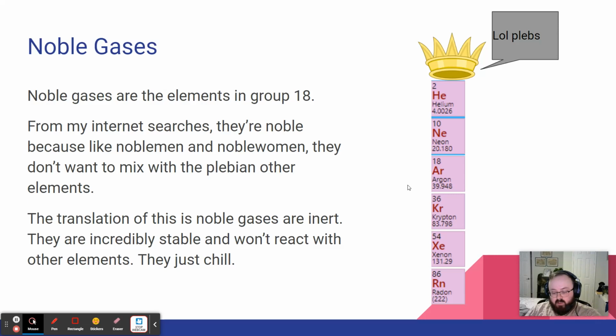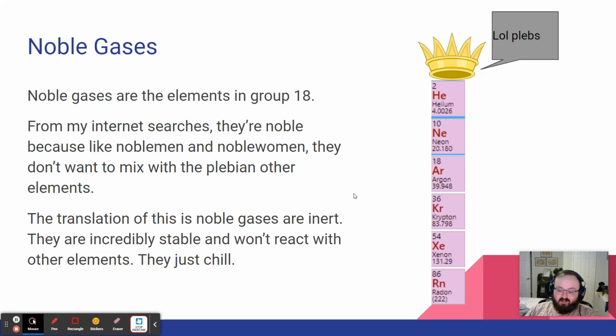I want to continue by discussing noble gases, just to kind of talk about them. We talked about noble gases in the context of electron configurations, and noble gases are the elements in group 18. So all the way to the right on the periodic table, we've got helium, neon, argon, krypton, xenon, and radon.